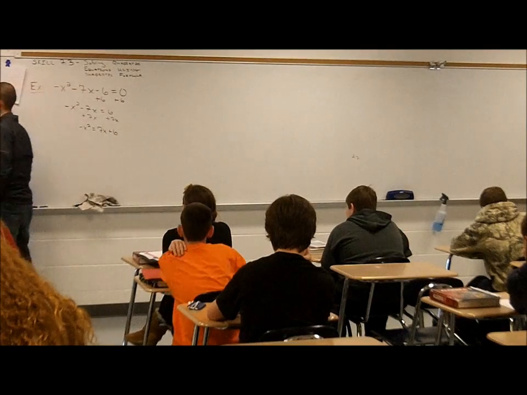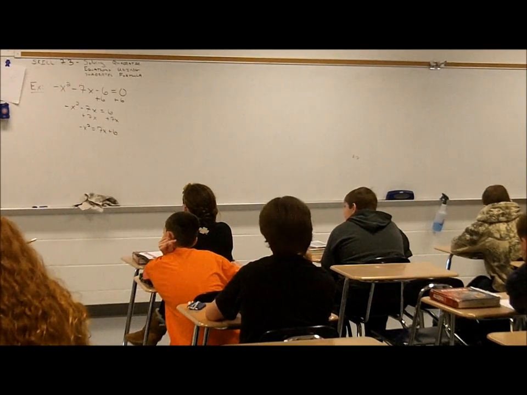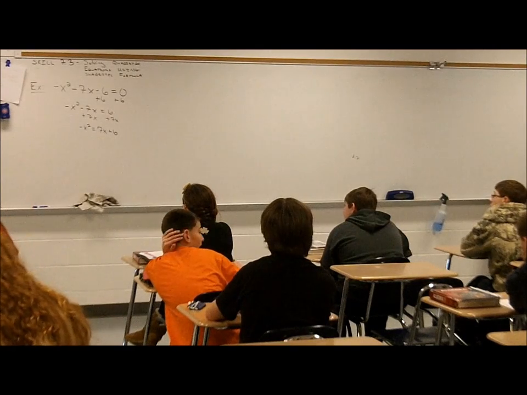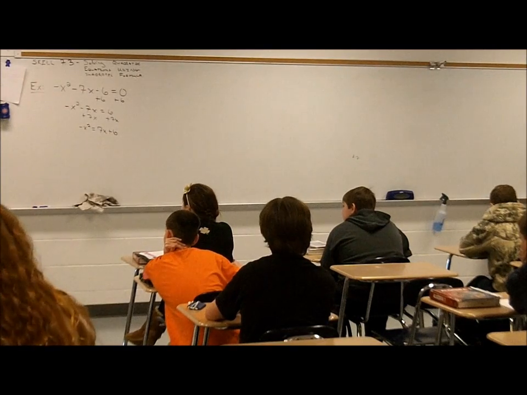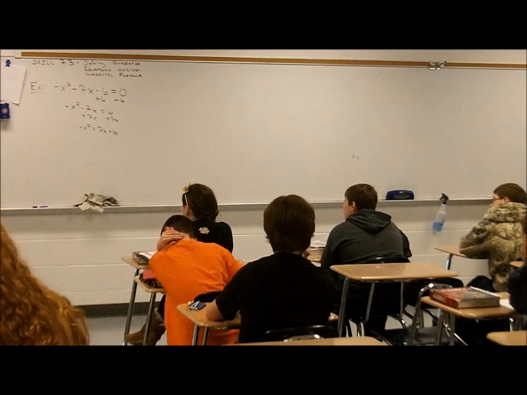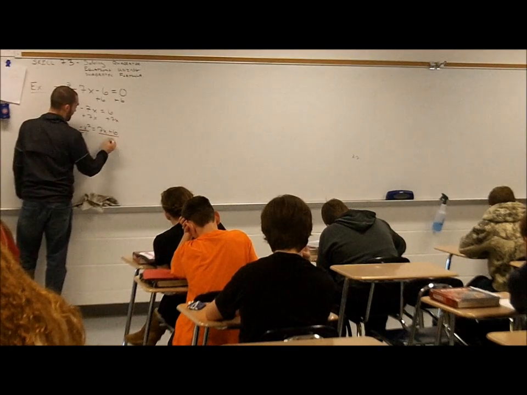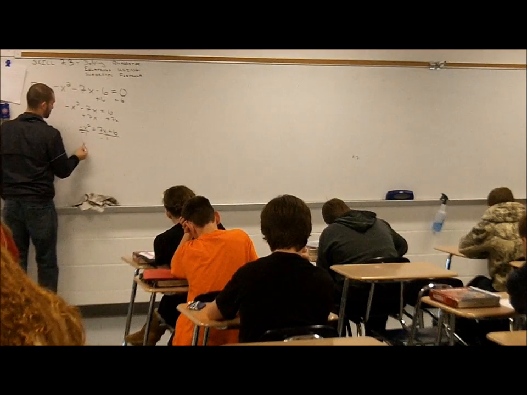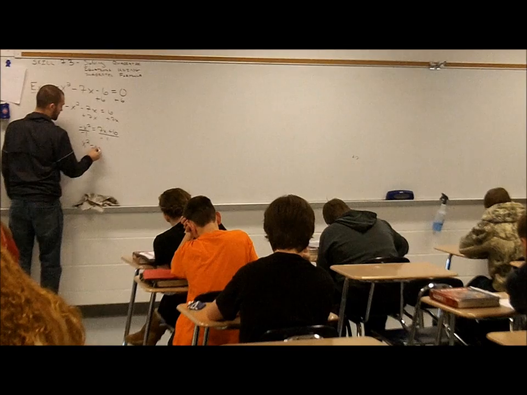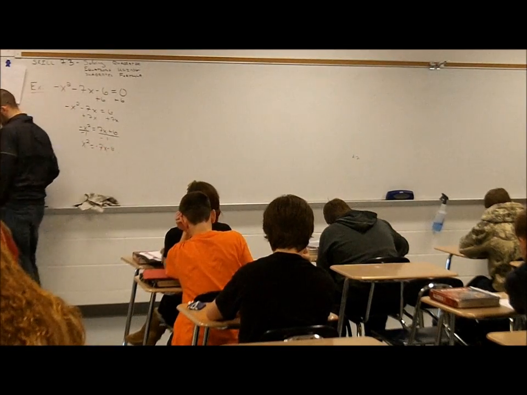Now this is where I don't know what to do. Okay, no problem. Now what? Minus x squared. Divide by negative 1. Okay. So I get x squared equals negative 7x minus 6.